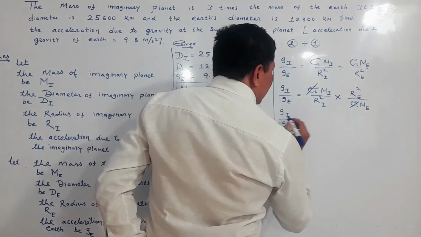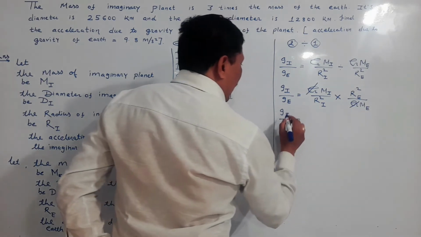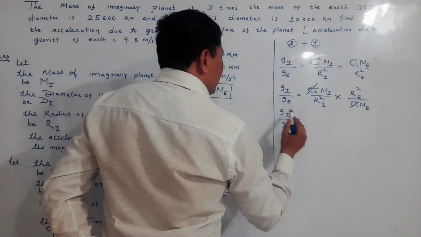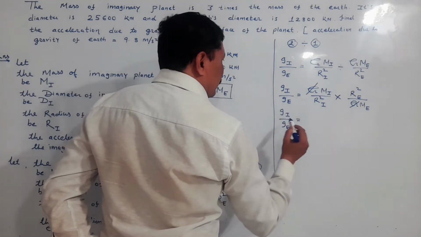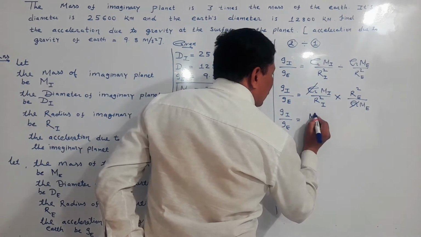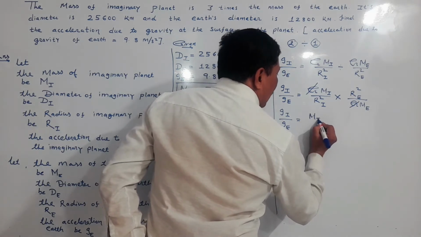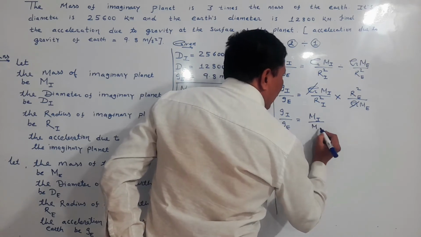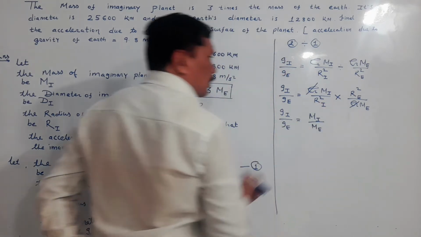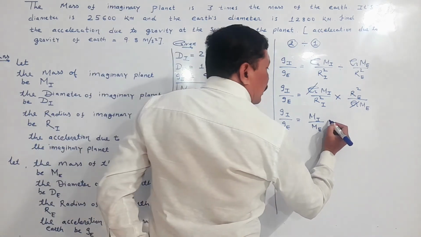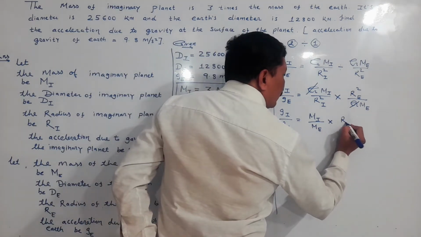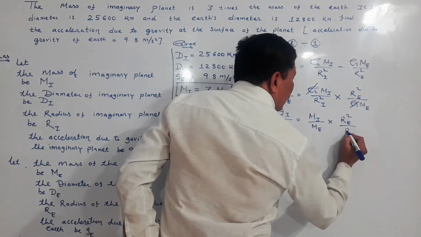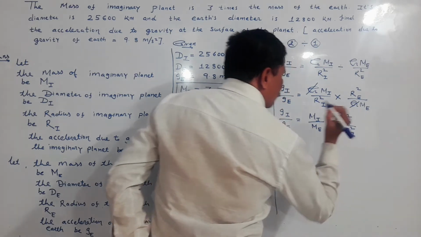So we can write Gi upon Ge, that is acceleration due to gravity on imaginary planet upon acceleration due to gravity on the earth, is equal to mass of imaginary planet Mi upon mass of earth into Re square upon Ri square.